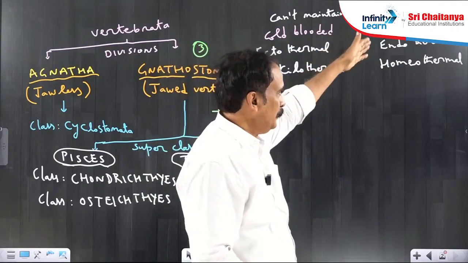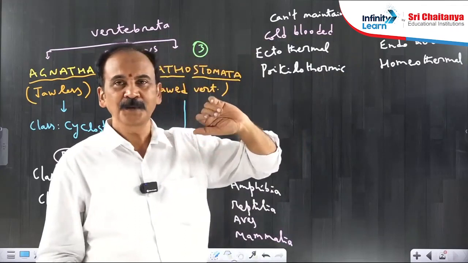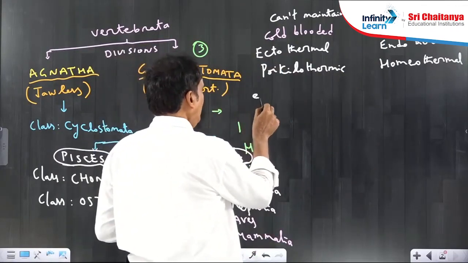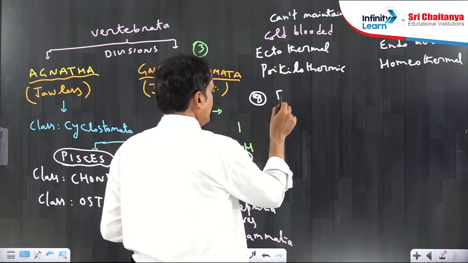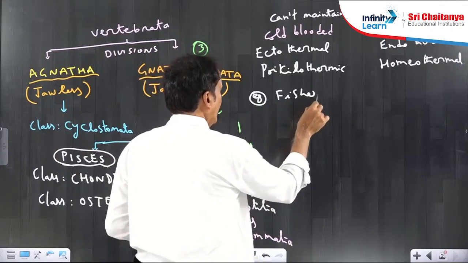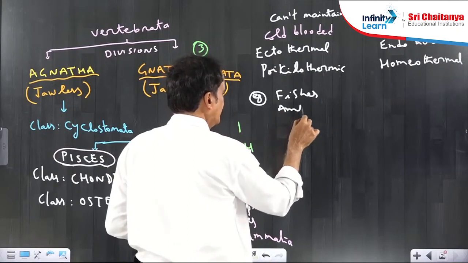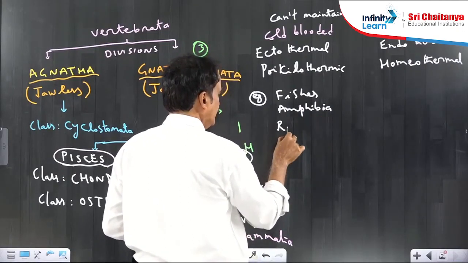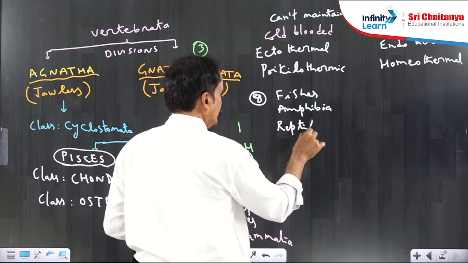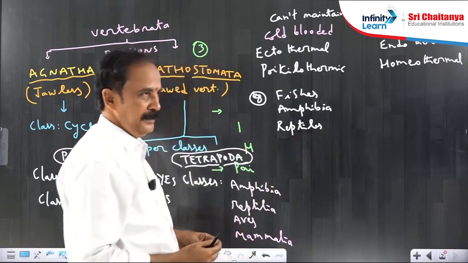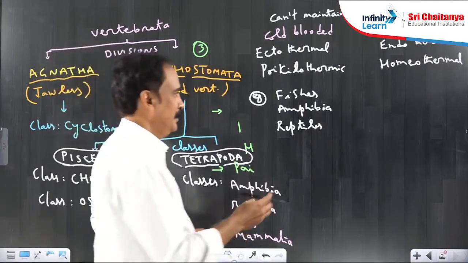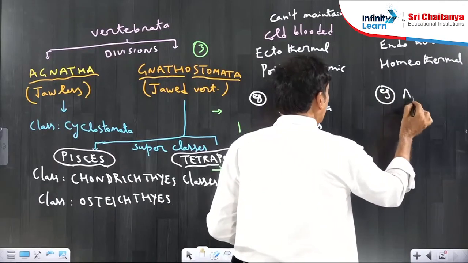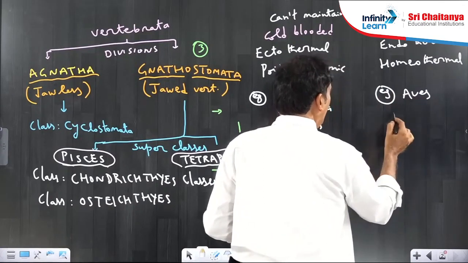So you are expected to know all these terms related to cold-blooded and warm-blooded. Cold-blooded examples include fishes, amphibians and reptiles, whereas the remaining, birds and mammals, are warm-blooded.